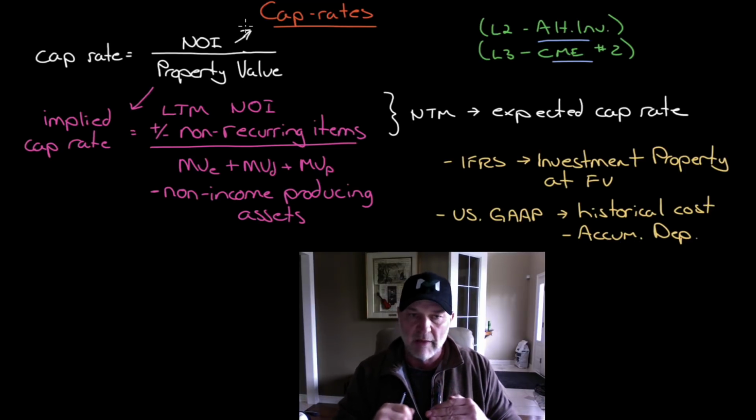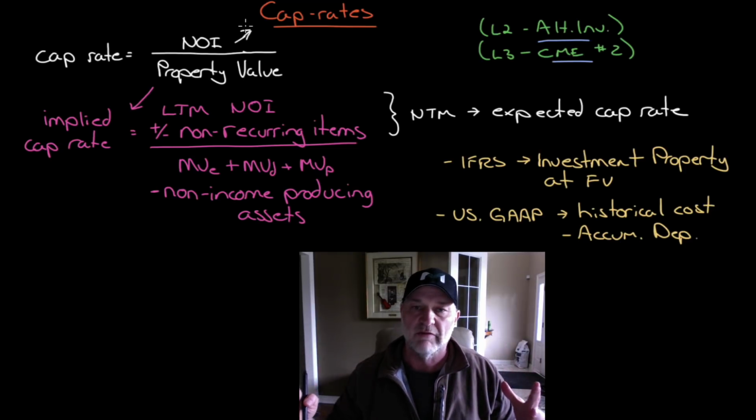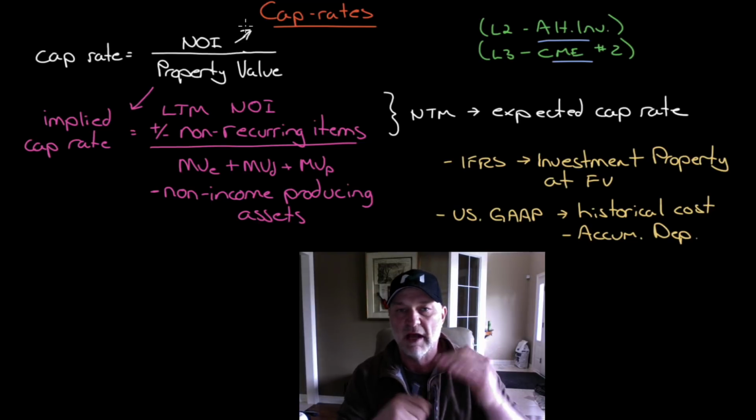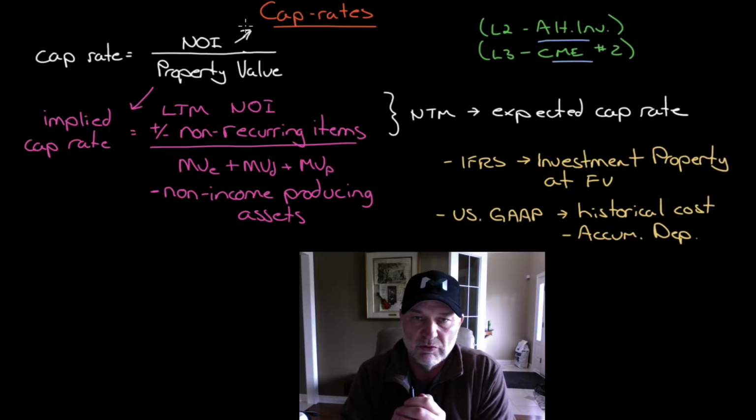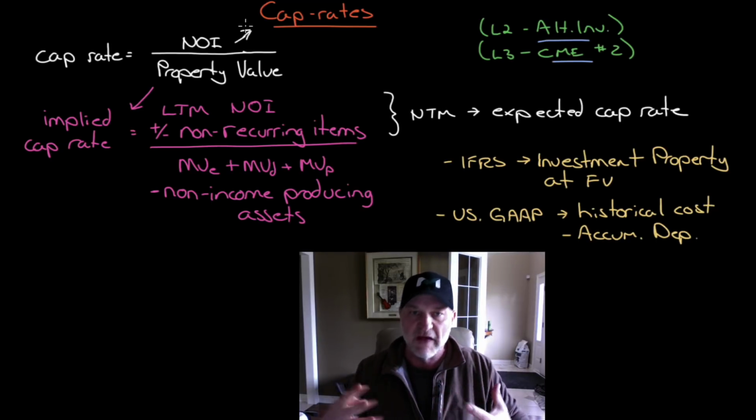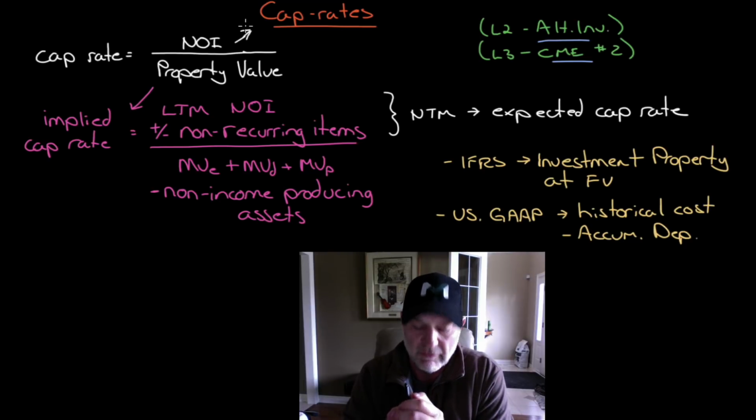The lower the cap rate, the higher the property value that we're paying. The higher the cap rate, the lower the property value. Or, since there's a numerator and denominator, it could be the higher the net operating income, the greater the value that we're getting out of it.